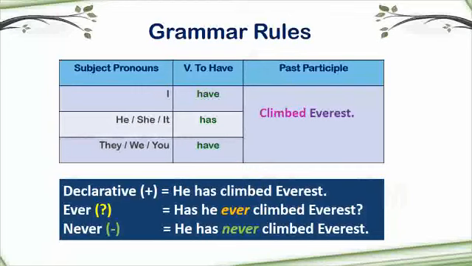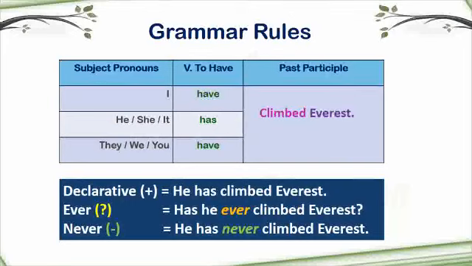So as you notice, ever is used with the question form. When you want to ask a question using have or has, you use ever. Okay? Has he ever climbed Everest? As you see, has, then he, then ever. Let me ask you, have you ever seen a snail? So, have, then the subject, then ever. Okay? And the main verb in the past participle and the rest of the sentence.